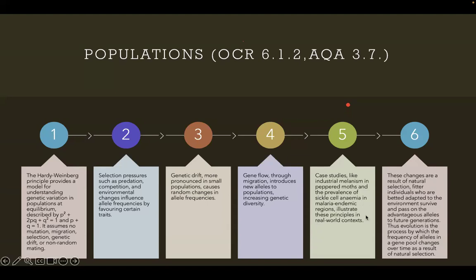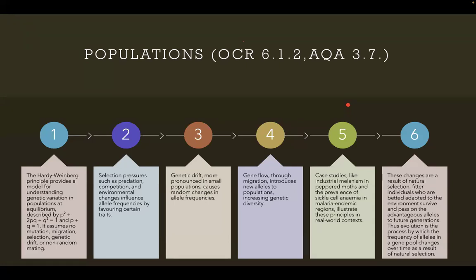Sickle cell anemia is another great example. Malaria is a disease that can bind to red blood cells, then spread and cause havoc in the human body. With selective pressures, and people dying because of malaria, an advantageous allele developed in which you'd have sickle cell red blood cells, and they wouldn't be as great carriers for malaria.